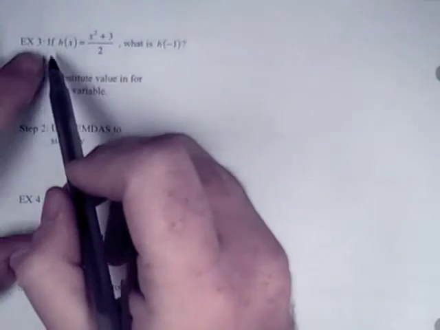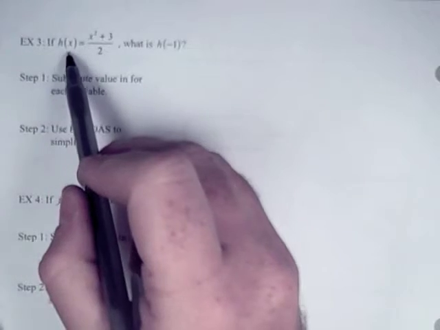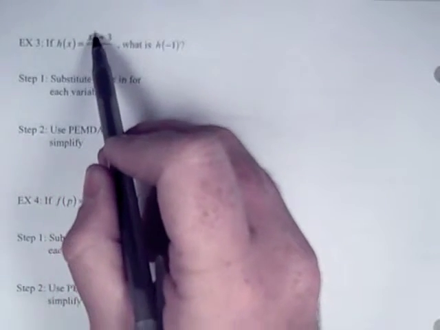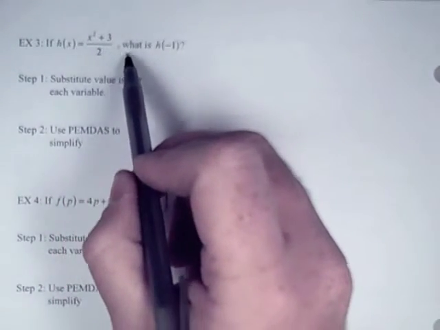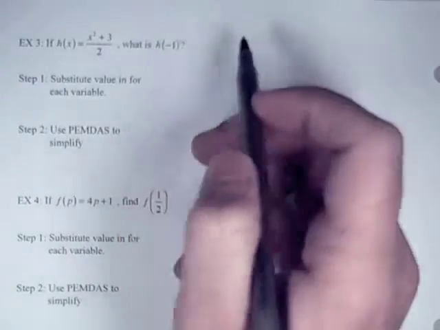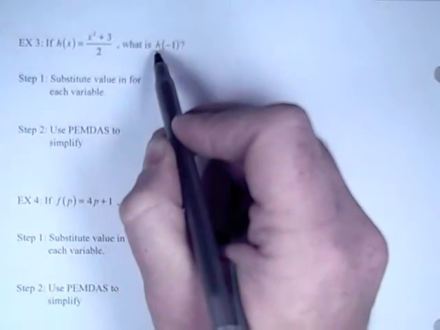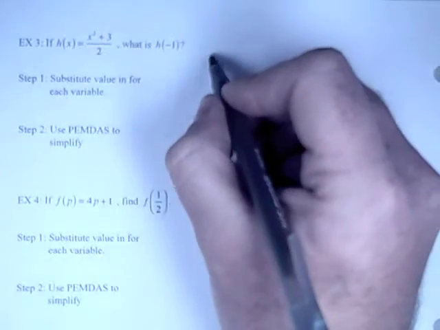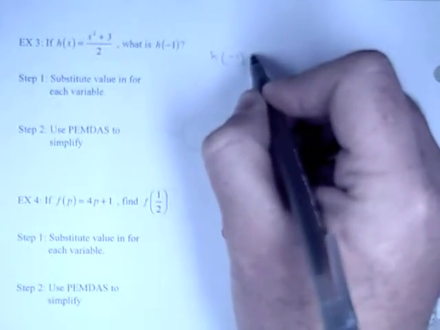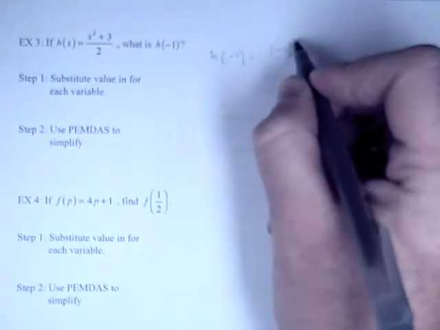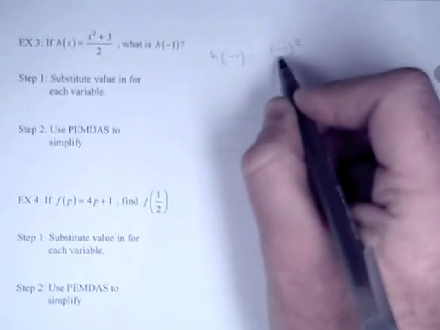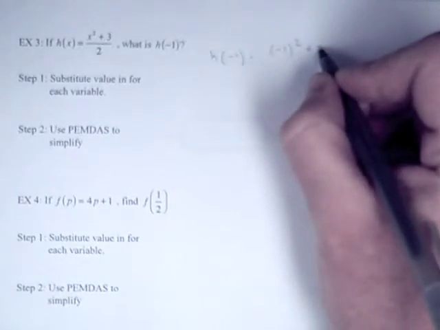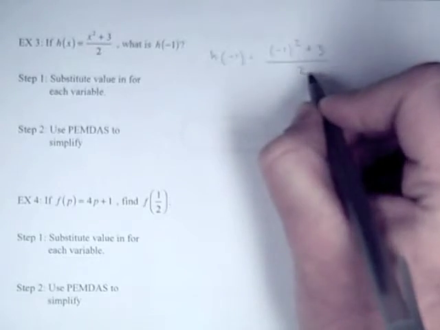The next one says, example 3, if h of x equals x squared plus 3 over 2, what is h of negative 1? Again, take negative 1, plug it into function h. So h of negative 1 equals negative 1 squared. Notice I put the parentheses around the negative 1 plus 3 over 2.